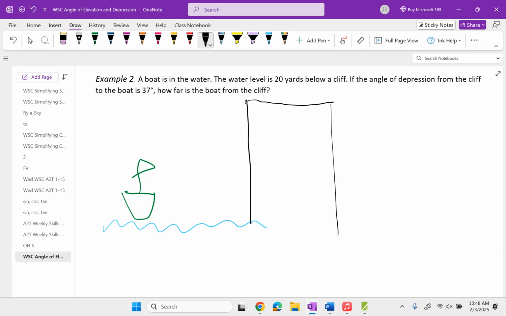All right. We need the angle of depression. So remember, angle of depression has to come down from a horizontal. So from the cliff to the boat. Again, put the angle at the bottom of the boat so it makes the triangle make a little more sense. So if this angle here is 37 degrees, by alternate interior angles, I also know that this angle is 37 degrees.